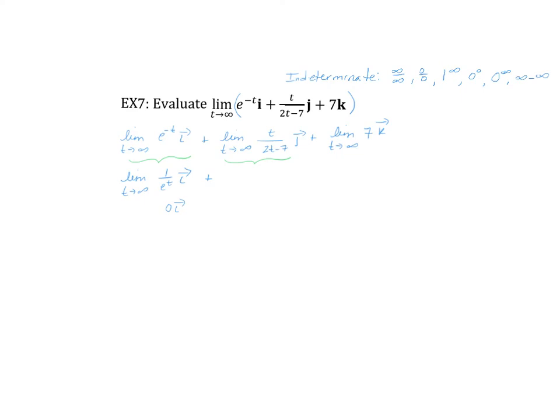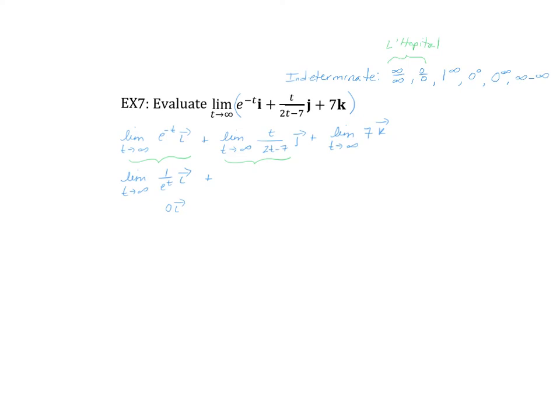So in this middle limit on the j component, it's going to be infinity over infinity. What we've done in the past is we've either used L'Hopital's rule if we get any of these first two cases, which means take the derivative top and bottom and reevaluate.